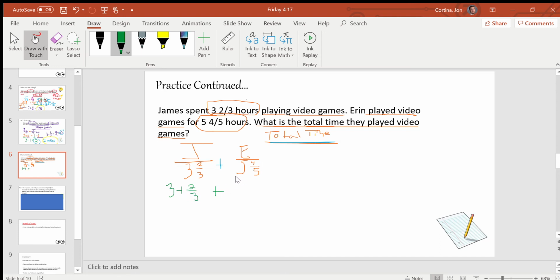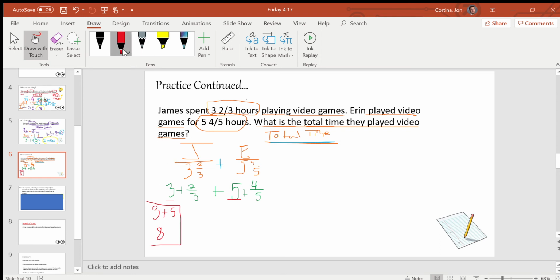And 5 4/5 can really be said as 5 plus 4/5. We're going to start by separating our whole numbers. We have 3 and 5. We add those together. We end up with 8. I'm going to leave this off to the side.